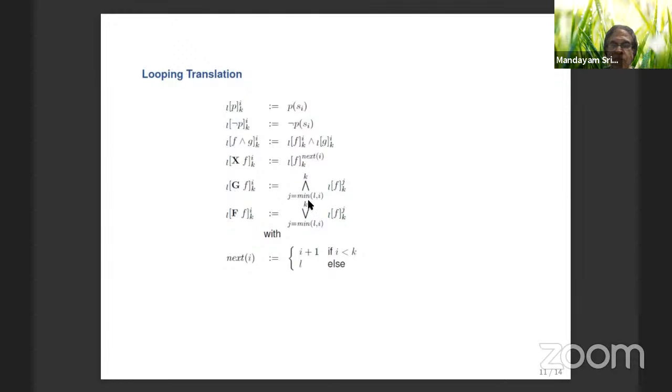If the suffix that you're looking for starts at a point beyond the point at which the K-long path lassos into L, then you look at all the way from L. Okay, that's how you do it, for the reason that I explained. So here also you do it with a min of L and I. Okay. Any questions here?